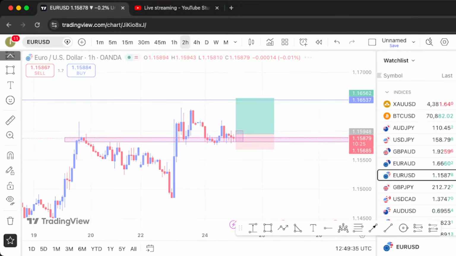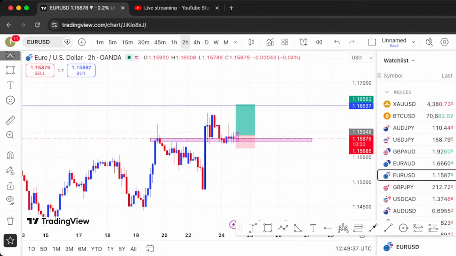Are you getting it? So just stay calm, stay patient. Let's see how this market will behave. If it can give us that confirmation, then I think we'll be okay taking buy opportunities on Euro USD.